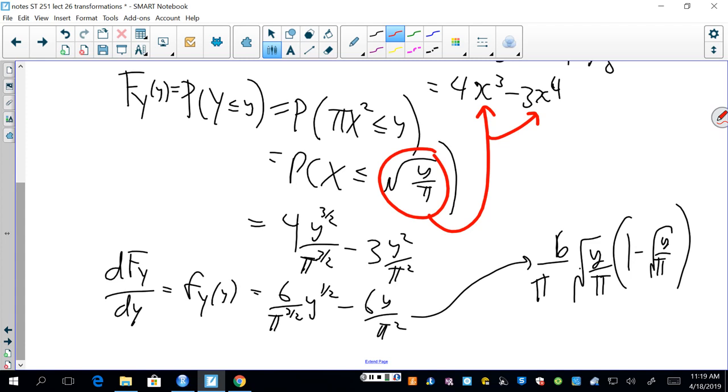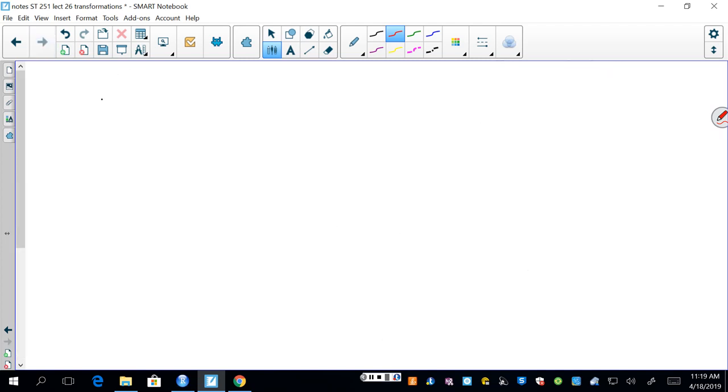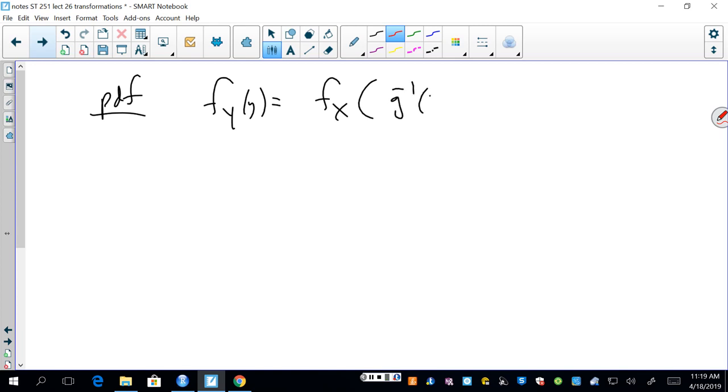If you went the PDF route, we figured out the density of y: we figure the density of x evaluated at the inverse function of y, and then multiply by the derivative of the inverse with respect to y.